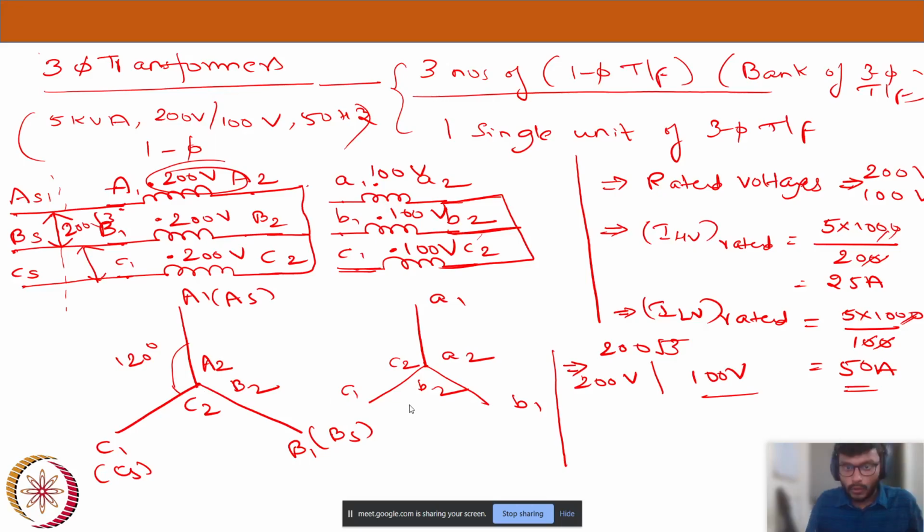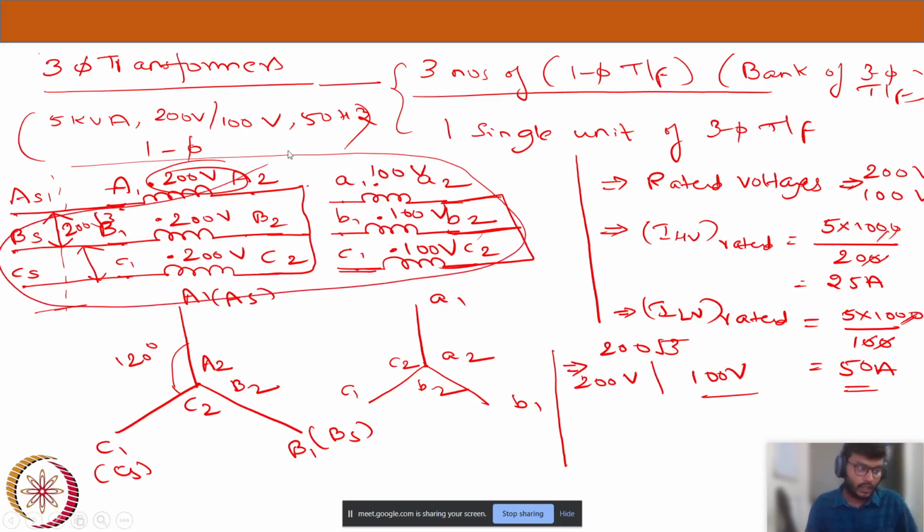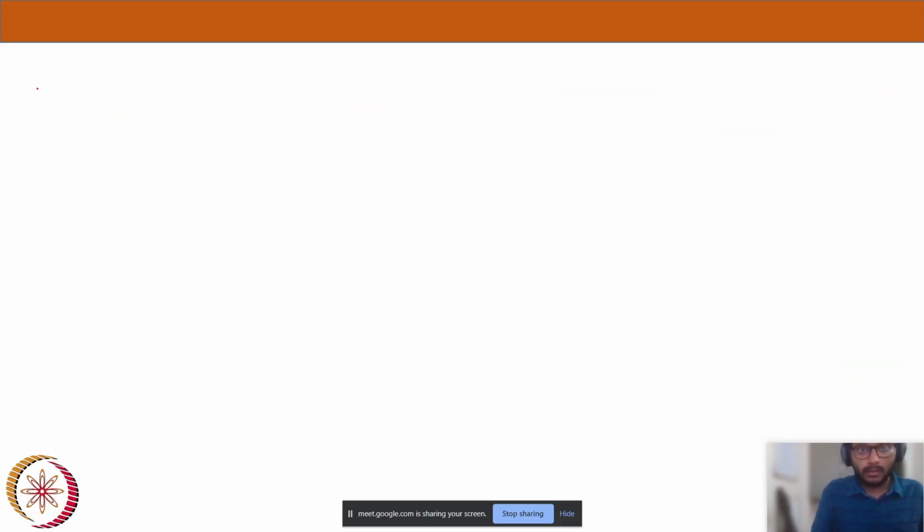So this is my three-phase transformer connection. This entire connection I call a three-phase transformer connection. Now I want to bring out my output terminals. What are my output terminals here? Small a1, small b1, and small c1. Just drawing it quickly. This is the primary star I have connected.